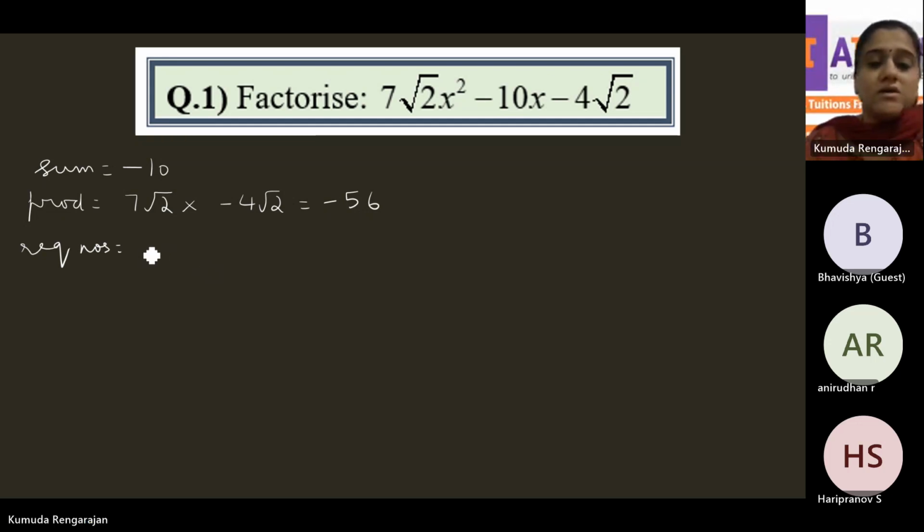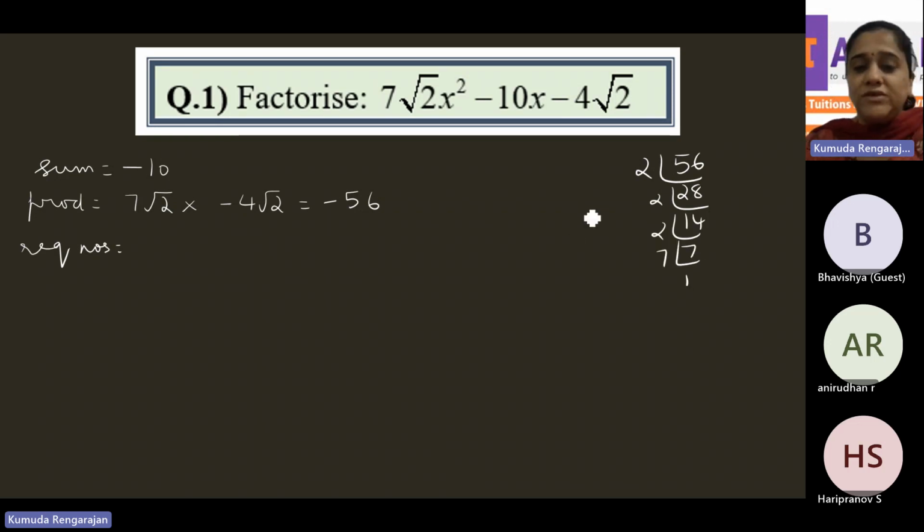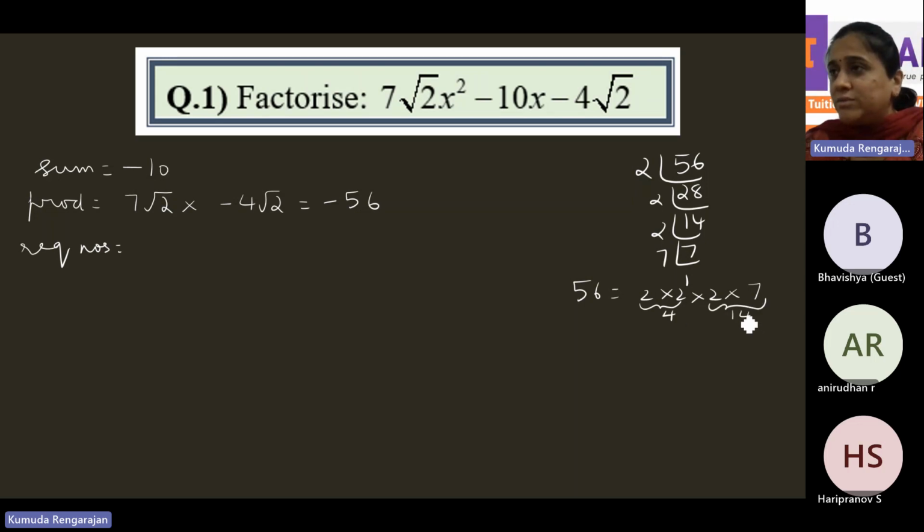So take the product 56: 2 fours are 8, 2 sevens are 14. So 56 is equal to 2 into 2 into 2 into 7. Now we have to use these numbers and make combinations to get two numbers. So the two numbers are 2 into 2, 4, and 2 sevens are 14. These are the two numbers, 14 and 4. It is minus 14 and plus 4, because the product is minus 56 and the sum is minus 10.